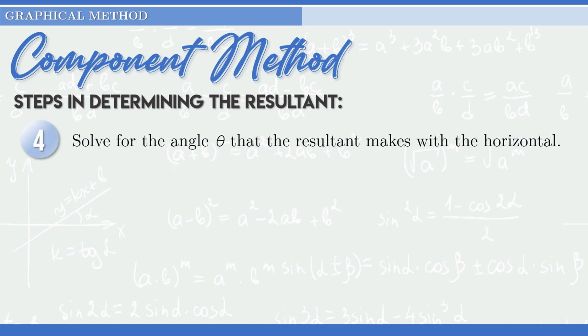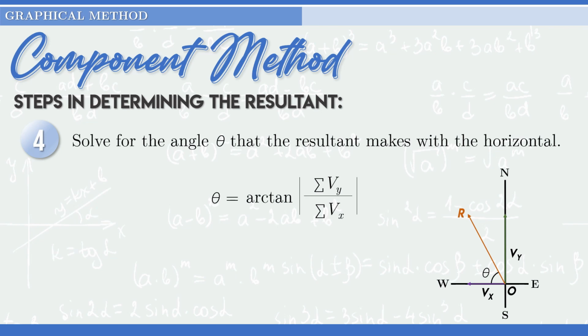And lastly, to solve for the angle theta that the resultant makes with the horizontal, we have theta is equal to arctan, or inverse tan, of the absolute value of the summation of v sub y over the summation of v sub x. Note that this means the absolute value of the sum of the vectors along the y-axis divided by the sum of the vectors along the x-axis.